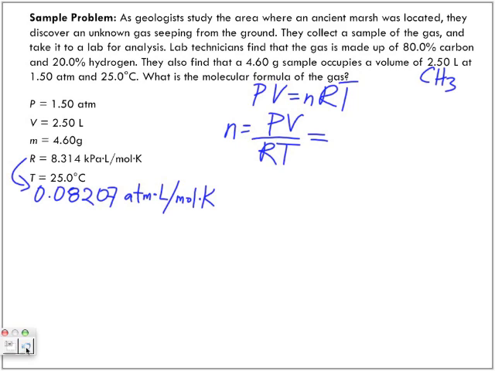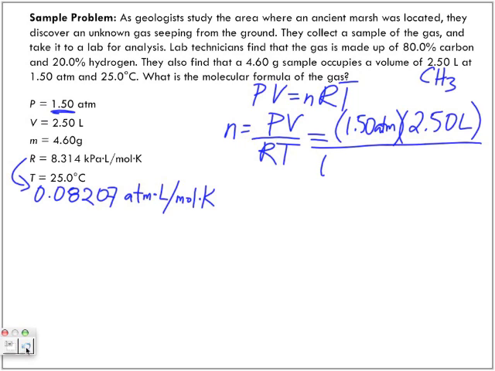So we're going to substitute our numbers, and we can keep our pressure as the 1.50. So we've got 1.50 atmospheres multiplied by my volume, which is 2.50 liters, divided by my new R value, 0.08207 atmospheres liters per mole Kelvin, multiplied by our temperature, 298 Kelvin.